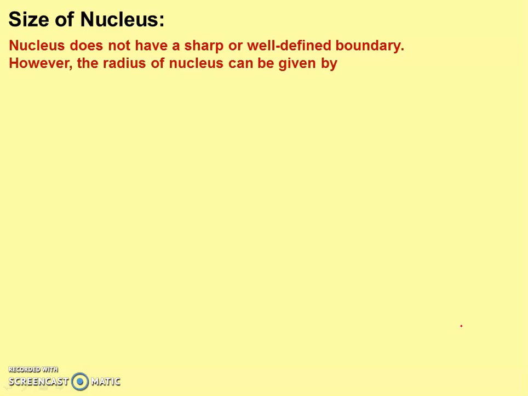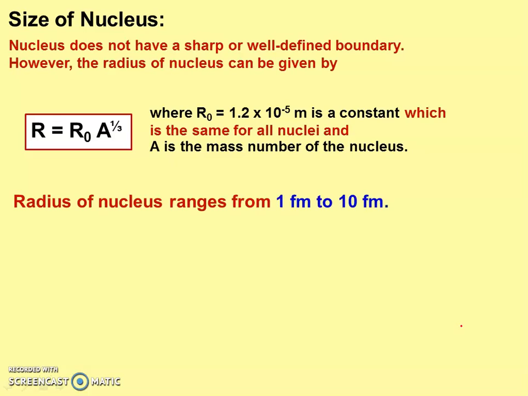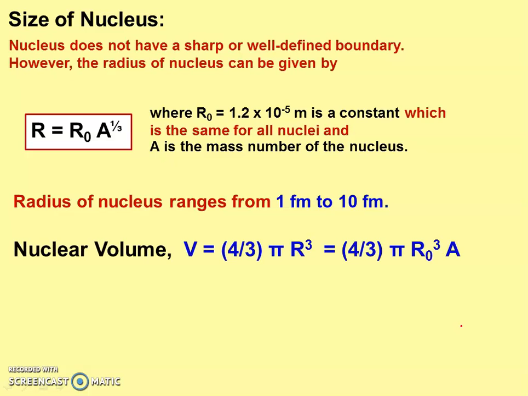The nucleus is always spherical, so the radius of the nucleus may be given as R is equal to R naught A to the power 1 by 3. R naught is a constant and A is the mass number of the nucleus. The radius of the nucleus ranges from 1 femtometer to 10 femtometer. Femtometer means 10 to the power minus 15 meter.